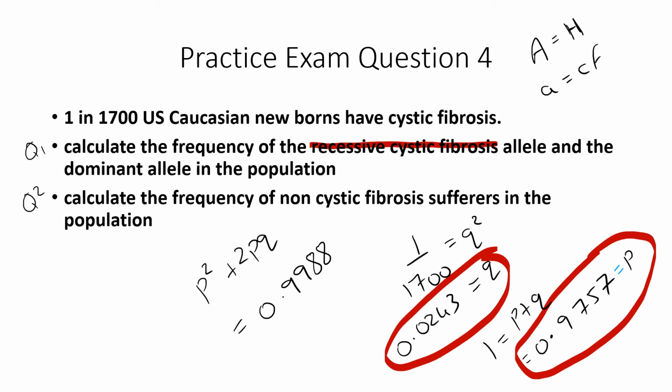I would definitely say you should show P and Q, and at a minimum you should write down things like 2PQ and P squared, so you can show the examiner you knew what the calculation was just in case something's gone wrong. And then obviously your final answer is that. Just double checking, it says in the question that we have to calculate frequency, so we don't have to do anything about turning things into percentages.